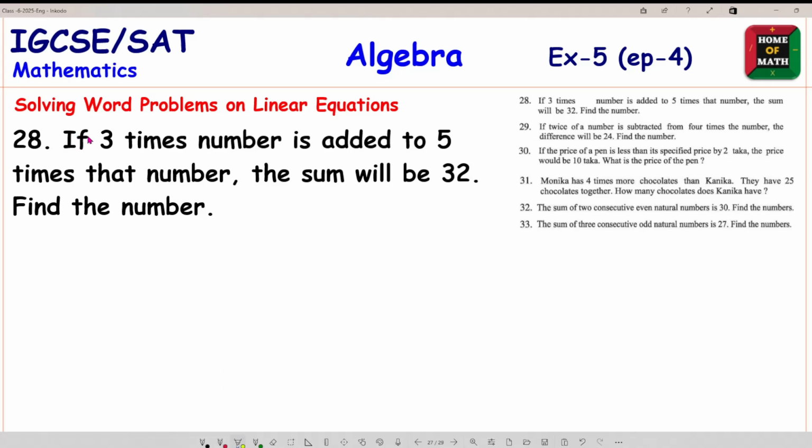Our question: if 3 times a number is added to 5 times that number, the sum will be 32. Find the number.